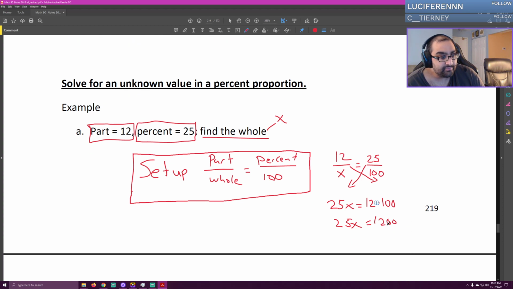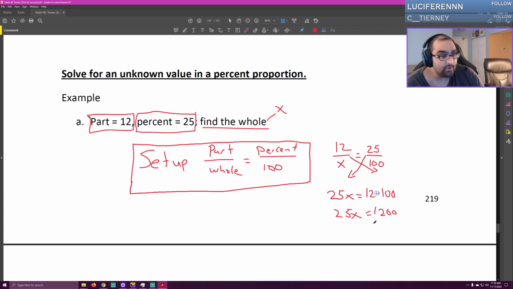Okay. All right, so really quick here. What do we do next? How do we solve for x? This goes back to chapter 5. So this is our little bit of algebra here. How do we solve for x in this case? Divide by just the 25. On just one side? Or both sides, Carissa?